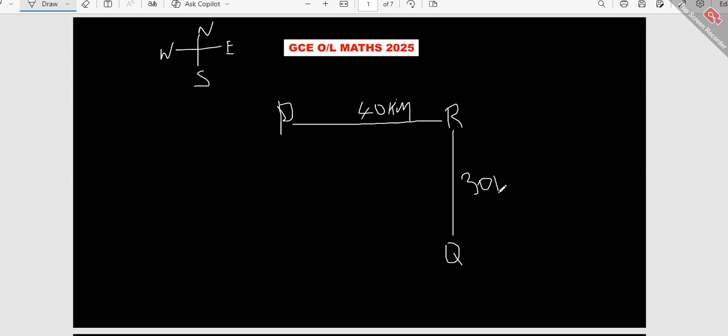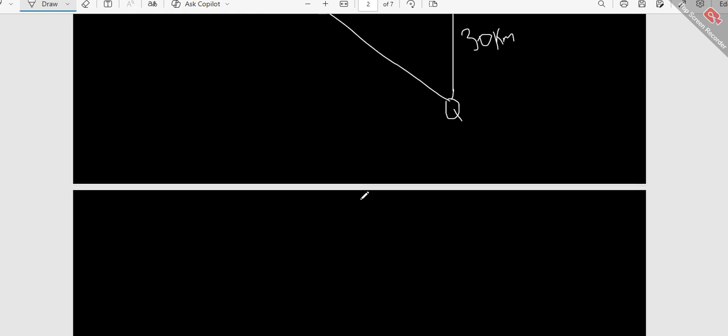Now the first question says we should look for the distance PQ. So we are looking for this distance PQ. So that's part A of the question, we are looking for PQ.